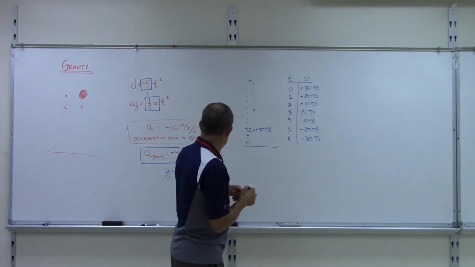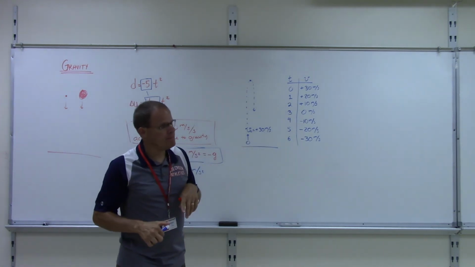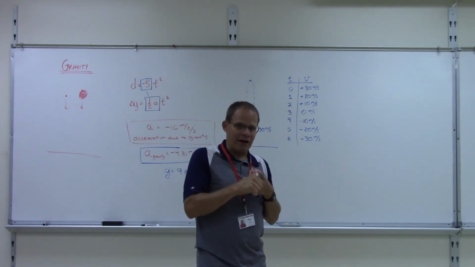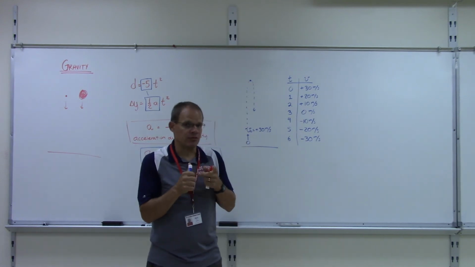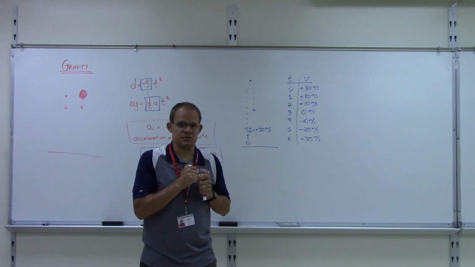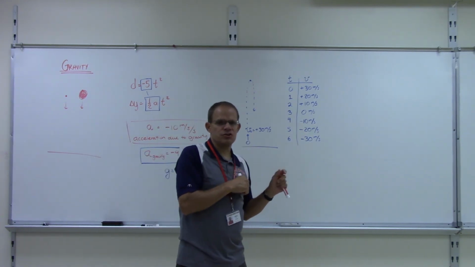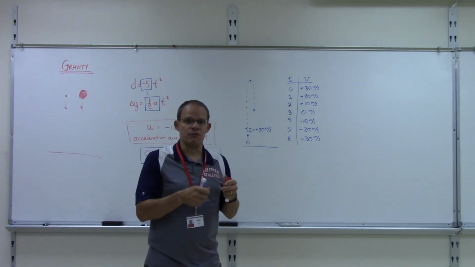We will always know the acceleration is going to be negative 9.8. If gravity is the force that's causing the velocity to change, the acceleration will always be negative 9.81 meters per second squared. So watch the video on the example problems. That was the second part of the lecture that you missed, and that will help you see how to solve the example problems.